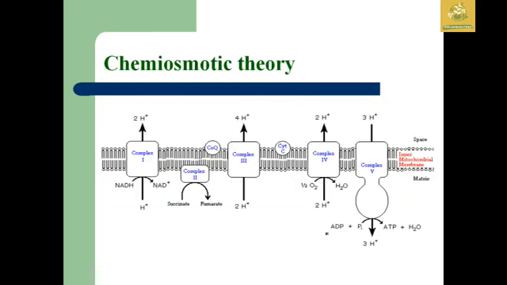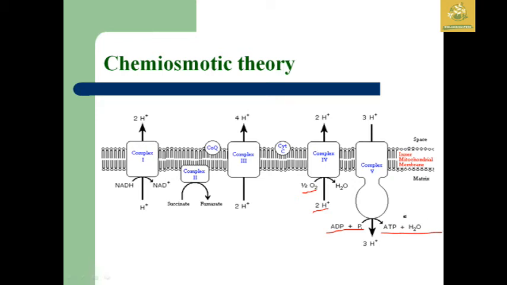I have already told you that ADP plus Pi forms ATP plus H2O. It's where half a molecule of water and 2 protons, H+, combine to form the final product, ATP plus H2O.